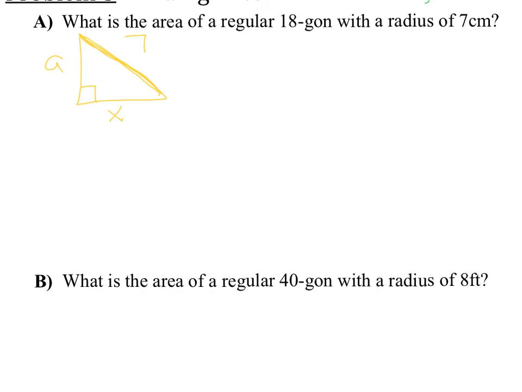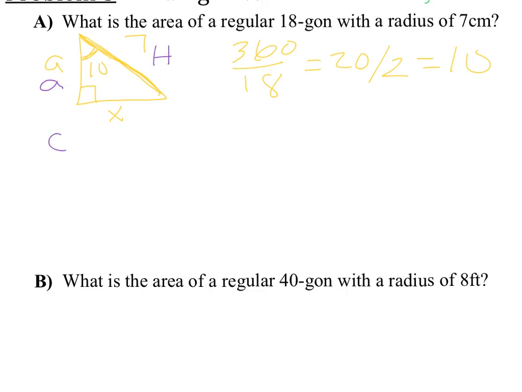So how am I going to do this? First I have to figure out what this angle is. If I do 360 divided by 18, that will give me my central angle, which is the bigger angle. That is equal to 20, but you have to divide that by 2 because your apothem cuts it in half. So this angle over here is 10. I'm going to set up 2 different equations. One to find the apothem, that's my adjacent, and I have my radius, which is the hypotenuse.